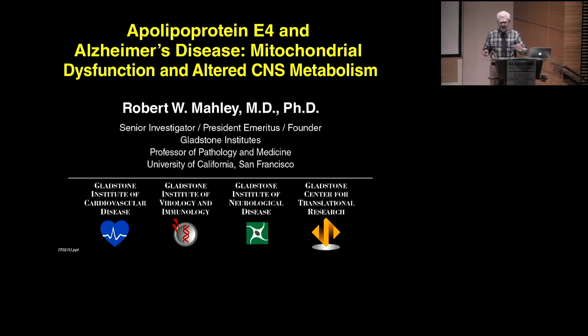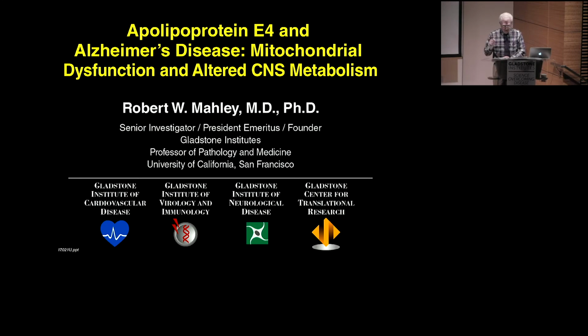So now we're back to the general topic. ApoE4, Alzheimer's disease, mitochondria, CNS metabolism. So what do you have to know to understand my research? Well, you've got to know about this protein. I realize most of you have never heard of it. That's fine. I can't start telling you what it does if you don't know what it is.